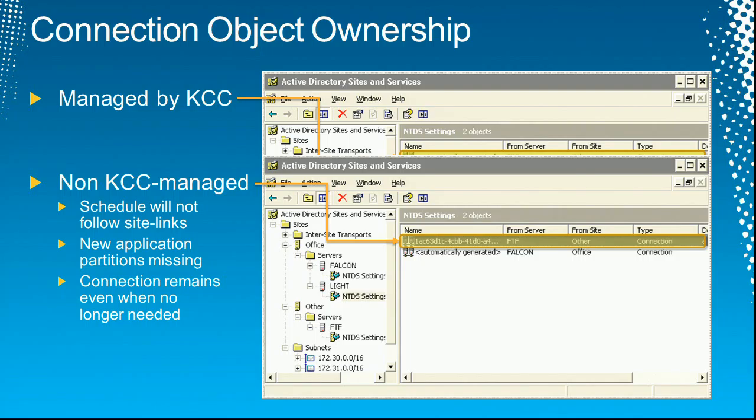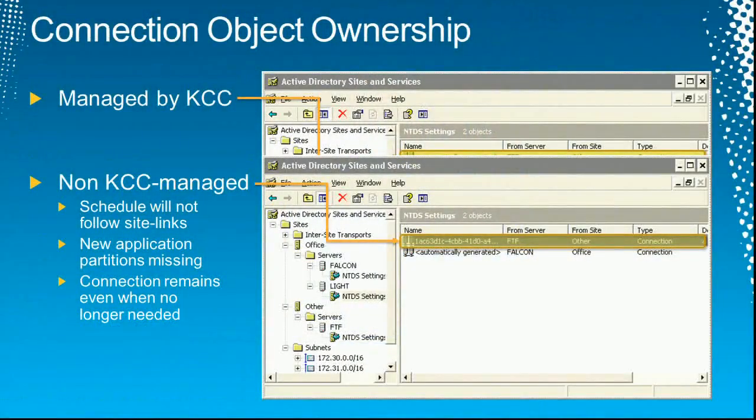A lady came to me asking why, if she changes something in the connection object, she gets this message in the UI saying that it probably won't be managed by KCC. And the reason is that the connection object will inherit all those settings from the site links and the site link costs that you set in Sites and Services. So that's where you will need to change them, such that the connection can inherit those. So you don't want to have specific connections non-managed by KCC.